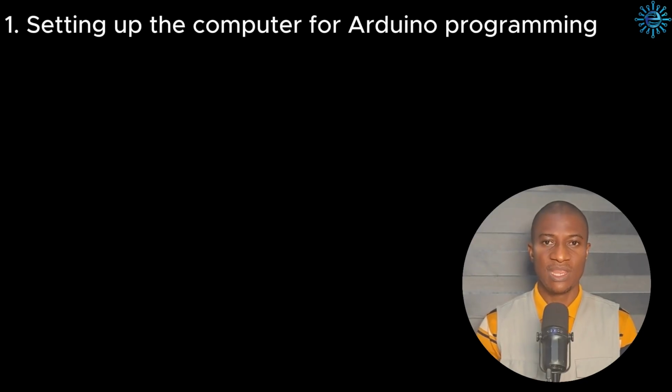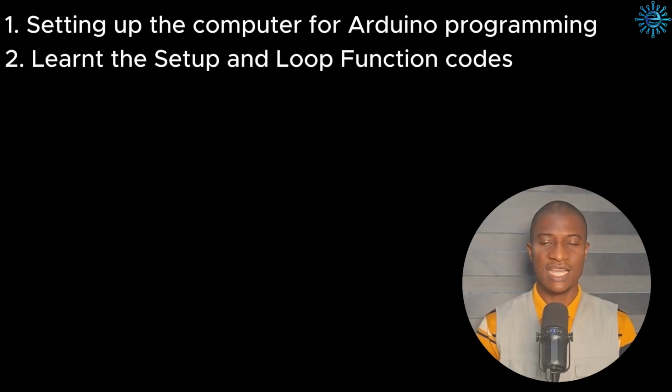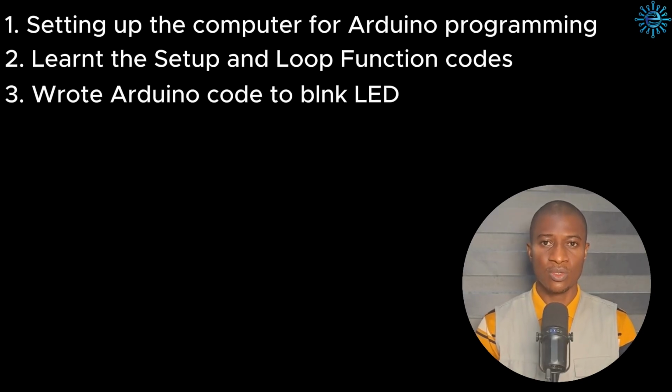We also learned about a simple Arduino code, including the setup and the loop functions. And we wrote our first Arduino code to control an LED connected to pin 2 of the Arduino board.